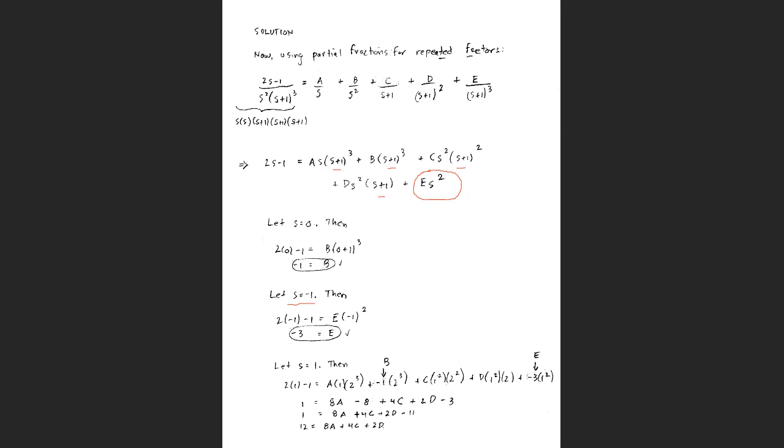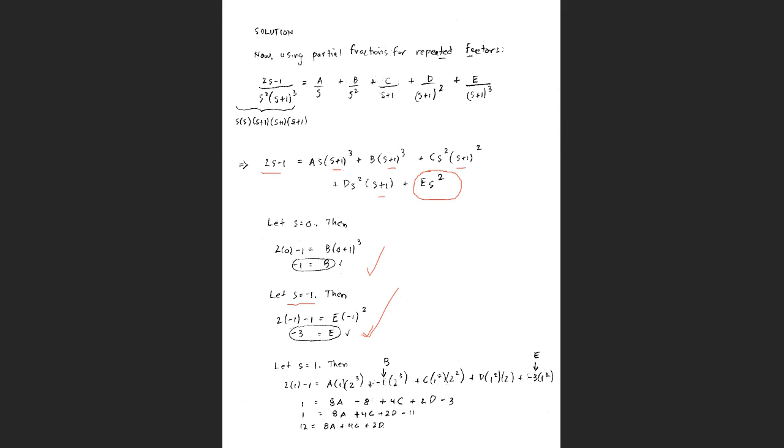So 2 times -1 minus 1 equals e times -1 squared. That means e equals -3. Now I have 2 coefficients pretty easily.